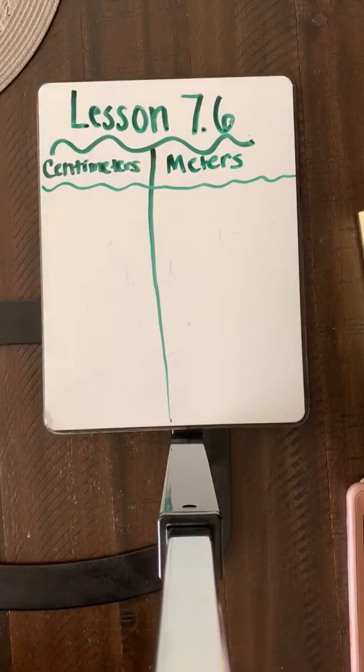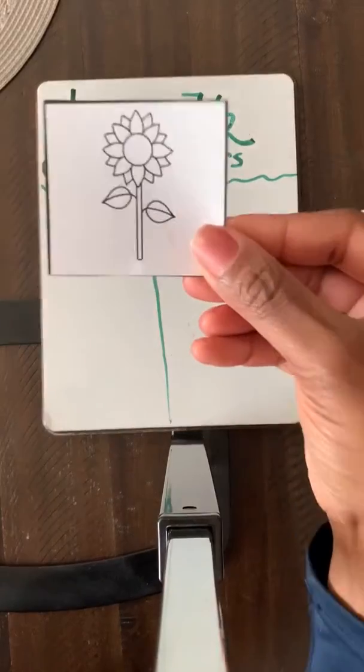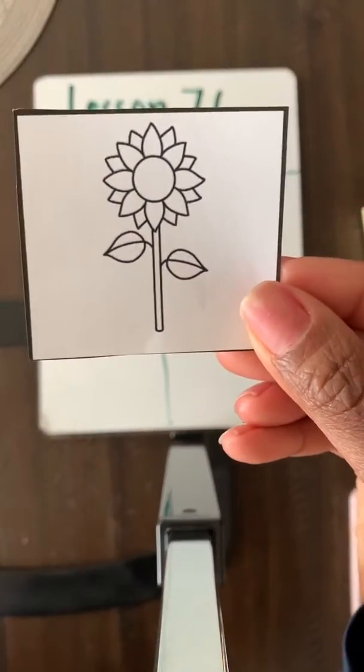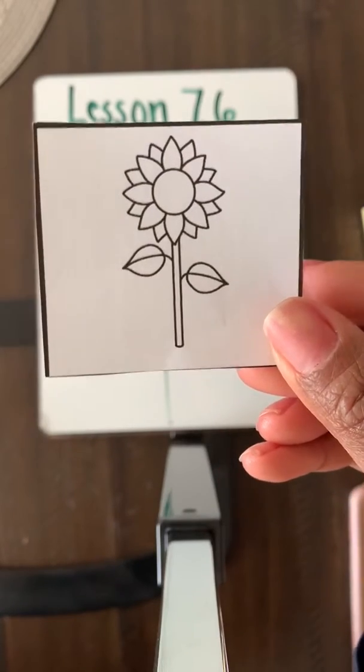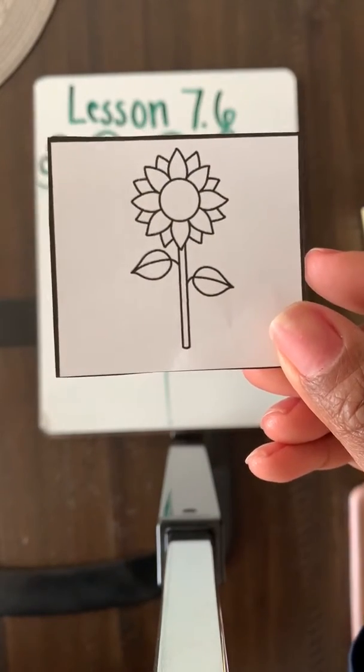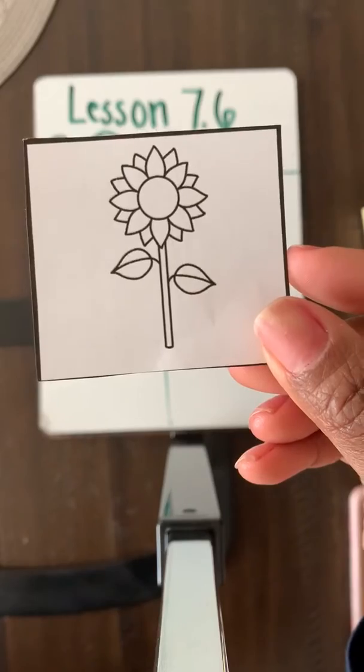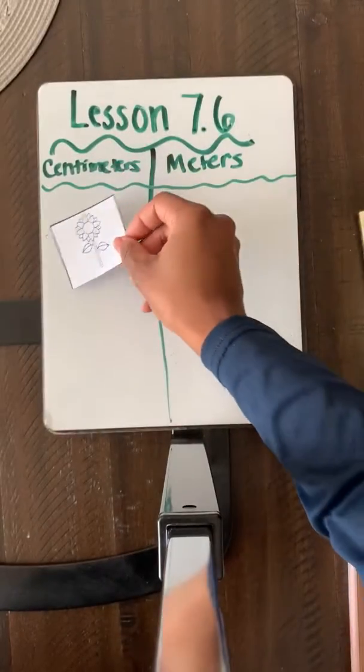We're going to sort these pictures out. The first picture is of a flower. Should the best unit of measurement be centimeters or meters? If you guessed centimeters, you are correct.